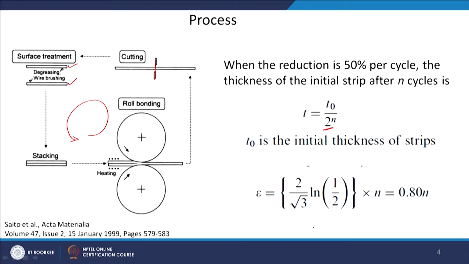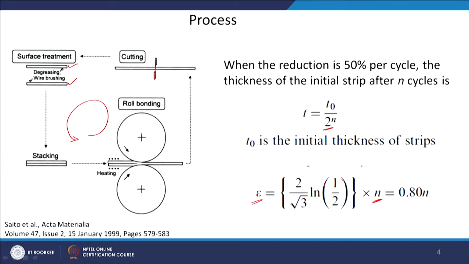And this is the relationship for the strain in the material, which will also depend on the number of cycles. Again the relationship is assuming that you are giving 50% reduction every time. If it is not so, then you have to change this particular value. Half is taken from the idea that you are giving it 50% reduction in the thickness.